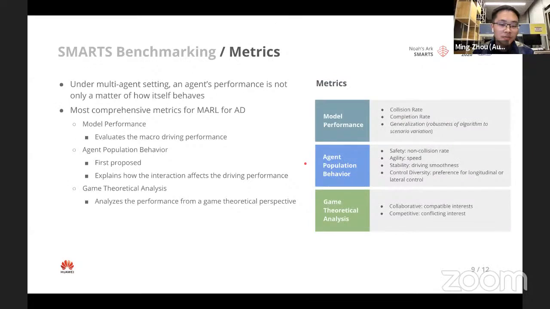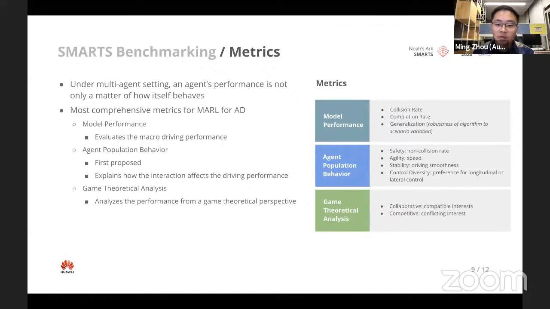We noticed that the existing metrics for multi-agent reinforcement learning research on autonomous driving tend to be limited to specific tasks, such as the collision rate and the completion rate introduced in the model performance block. But for multi-agent learning, an algorithm's performance is not only a matter of how it behaves itself, but also involves other agents.